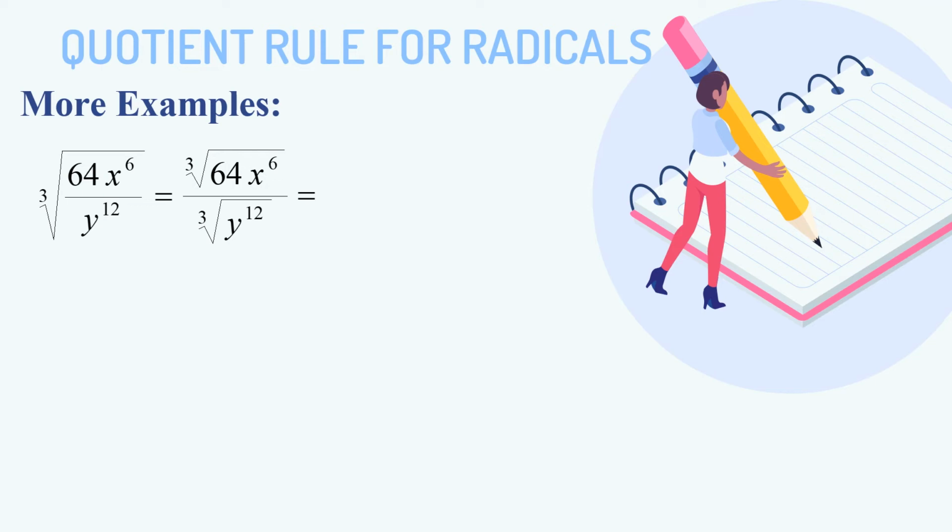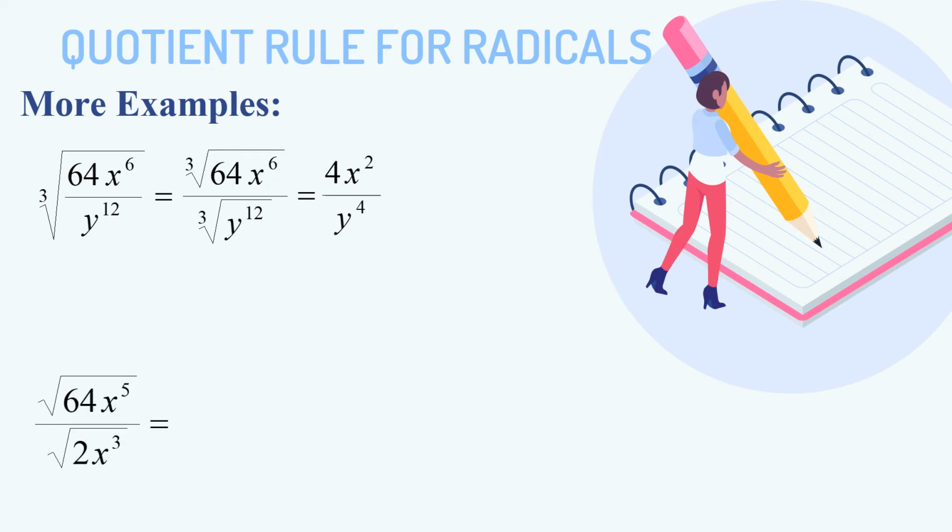If you don't see it, you can find the prime factorization. And the cubic root of 64 is 4, because 4 times 4 times 4 gives us 64. X to the 6th power is a perfect cube because 6 is divisible by 3. And the expression at the bottom, cubic root of y to the 12th, also is a perfect cube because 12 is divisible by 3. So the answer to this is equal to 4x squared y to the 4th power.